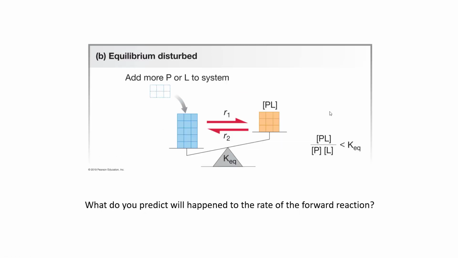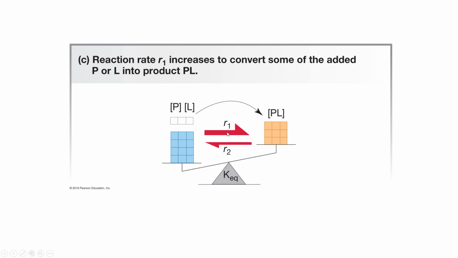Now, what happens if you disrupt this equilibrium? Let's say we add either more P or L to the system. Then we have more reactants relative to the amount of products. What would you predict would happen to the forward reaction, which is R1? Right, so you probably guessed that R1 should increase.